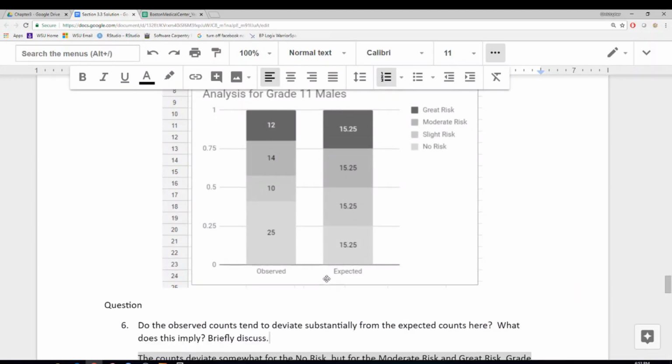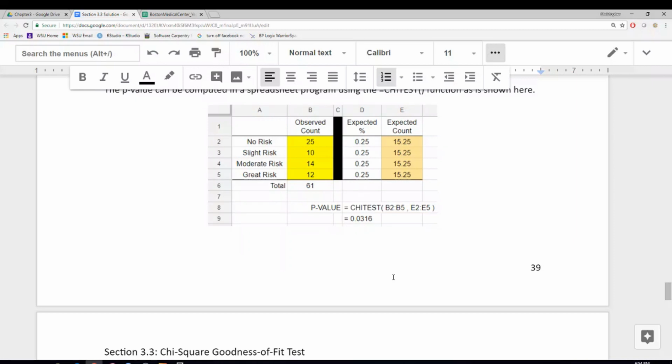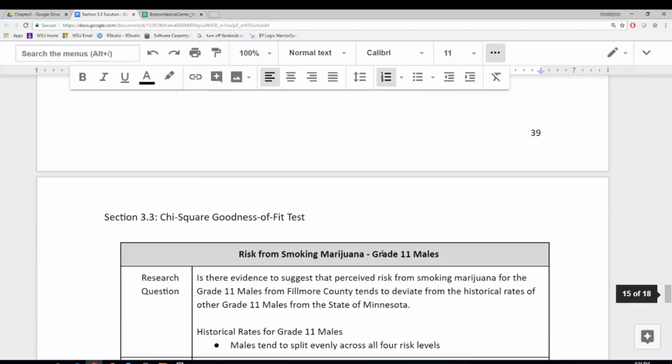And that's the purpose of this test. So when I crunch these numbers and get the p-value out for the males, I'm getting a p-value of 0.0316. Again, I'm just putting the observed counts and the expected counts into that chi-test function.